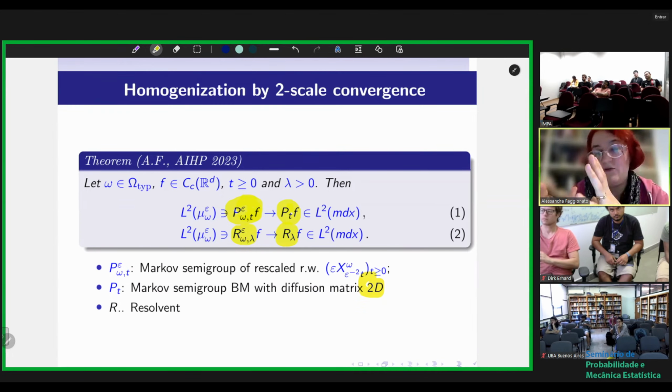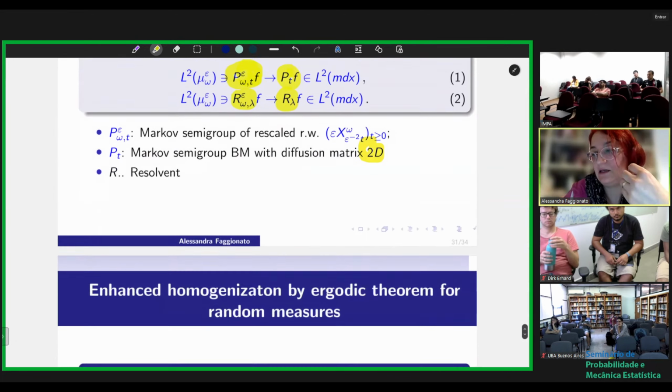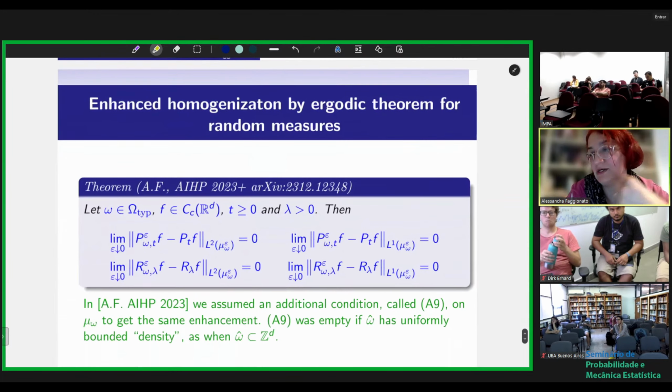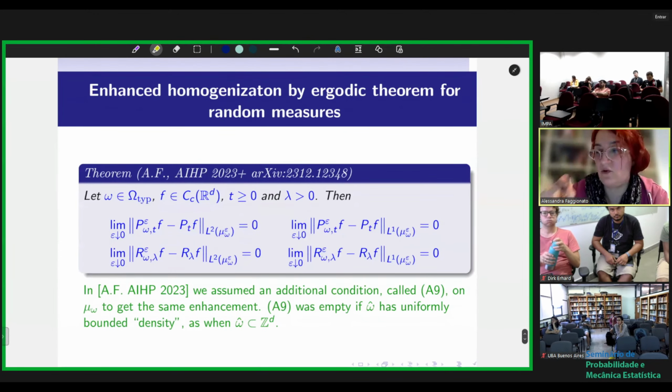It's a weaker form of convergence, but you can enhance it if you have some control at infinity of the random measure. And now the circle closes because both these limiting functions decay fast at infinity. They are not with compact support, but decay fast at infinity.